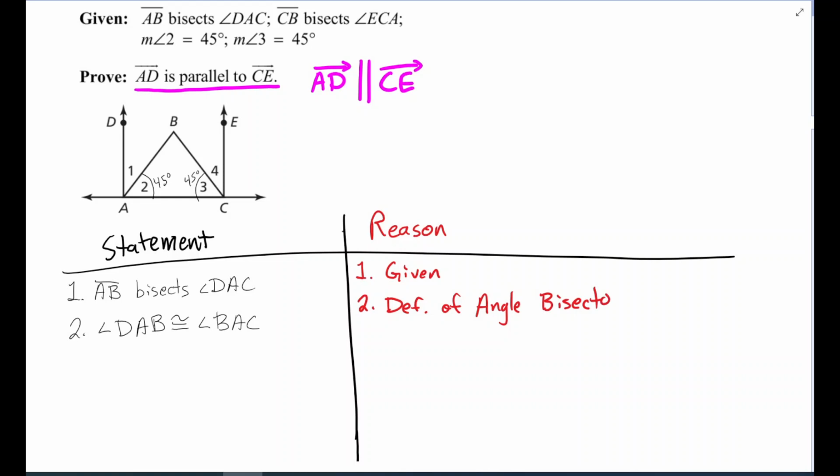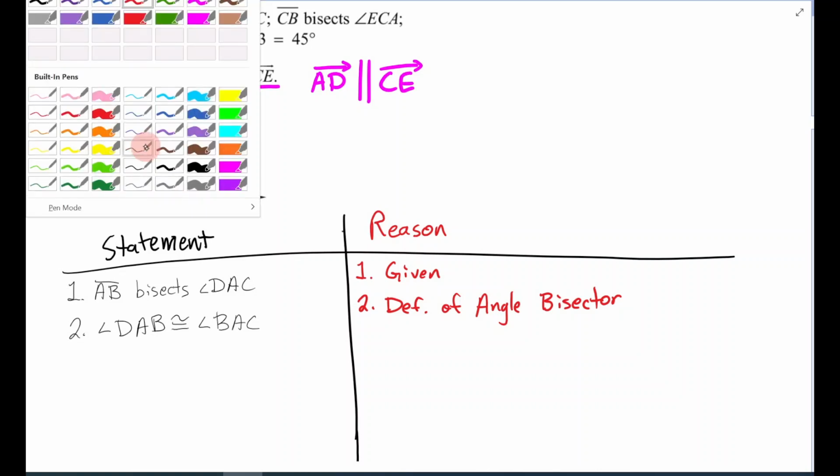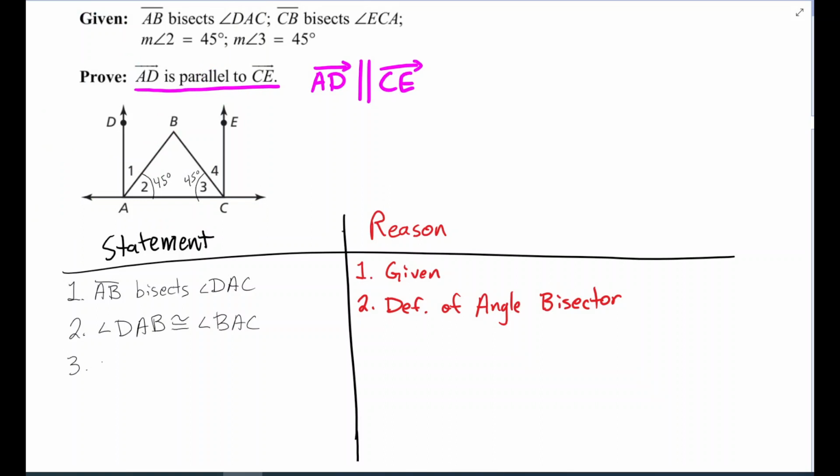Because we cut it in half perfectly, the angle here and the angle here are equal to each other. And now we have another given piece of information. Right? We're told that the measure of angle 2 is equal to 45 degrees.